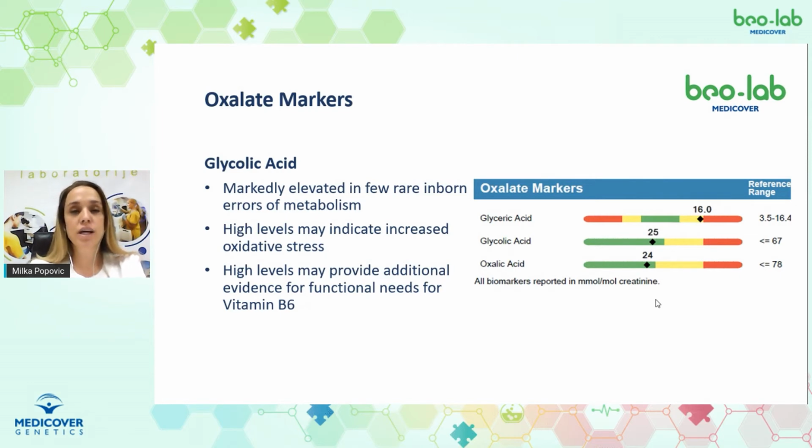Glycolic acid, apart from being caused by inborn errors of metabolism, it can also point to the presence of oxidative stress and the functional need for vitamin B6. Same thing goes for oxalic acid.